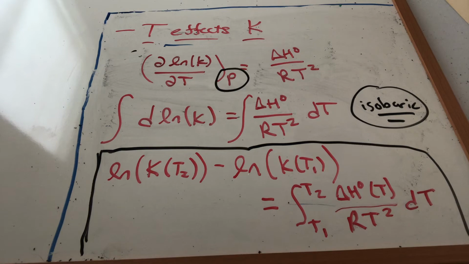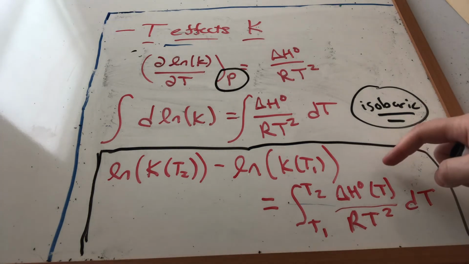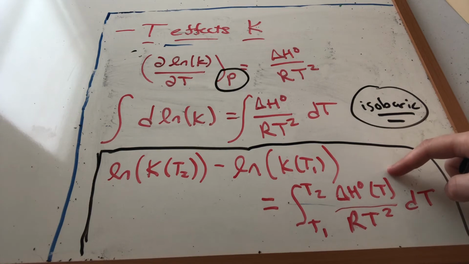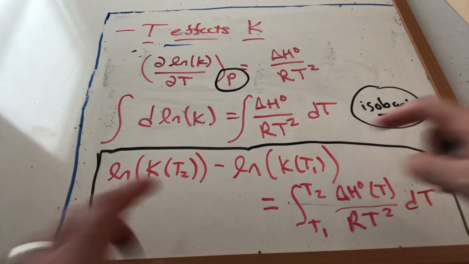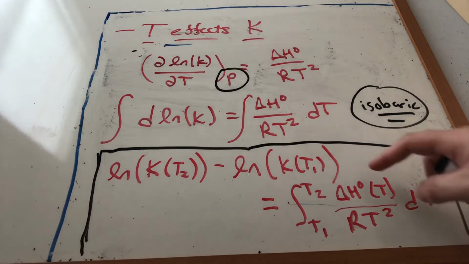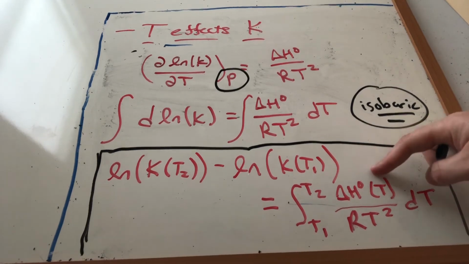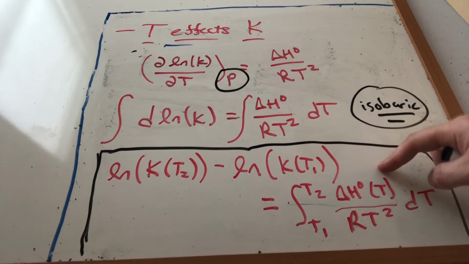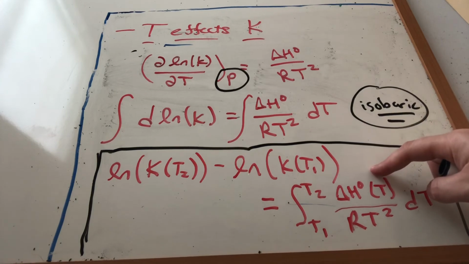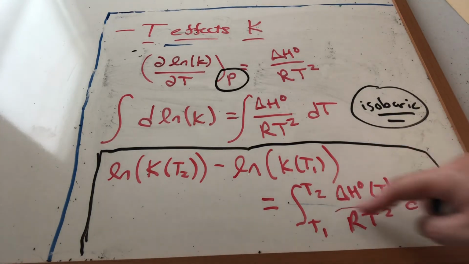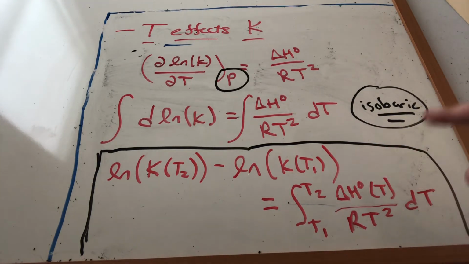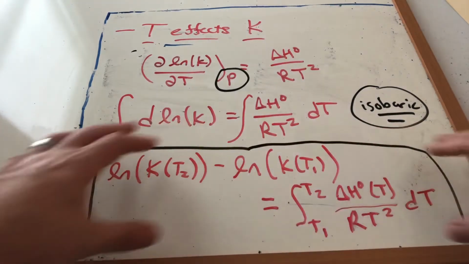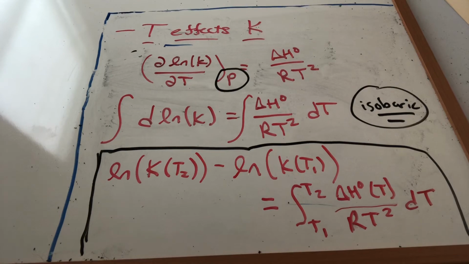Real important, real interesting result. Now, I want you to think about this. We did talk about Le Chatelier's principle in general chemistry and how adding energy and subtracting energy affects different reactions depending on an endothermic or exothermic delta H. And you can actually do that analysis with this expression.